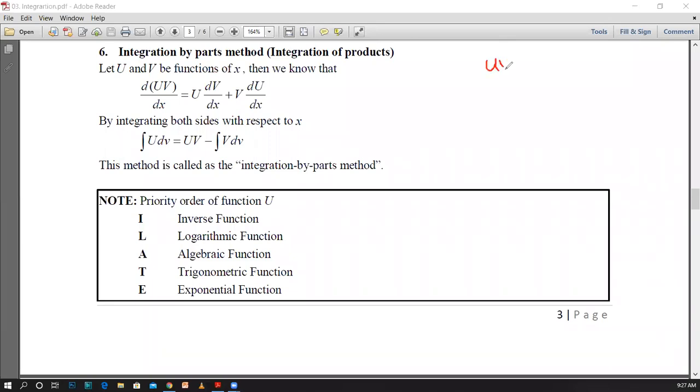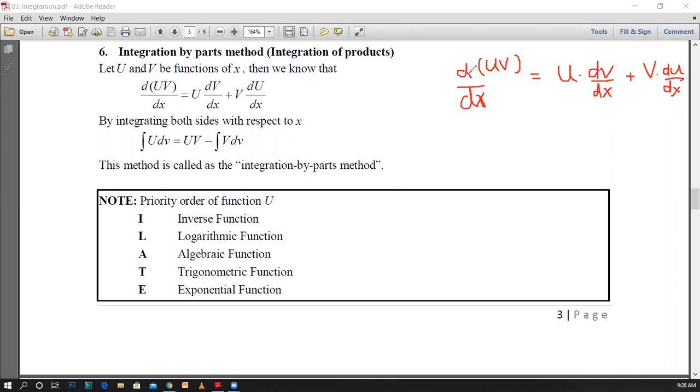If you have a product of two functions u and v, where u and v are functions of x, first you isolate a single function u, then v is differentiated with respect to x, and then v is isolated and u is differentiated with respect to x. This is what we discussed in the previous sessions on differentiation.